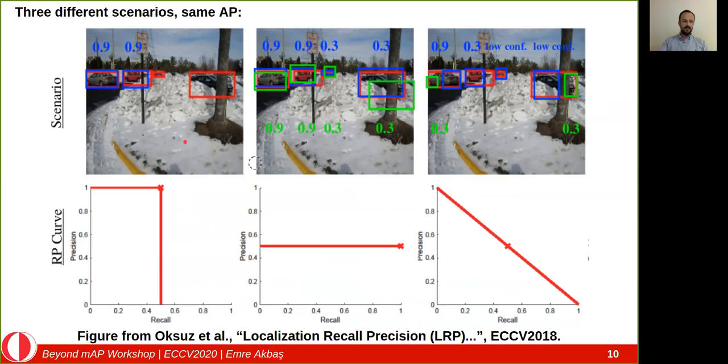In the first example, 2 of the ground truth boxes are recalled successfully, and there are 2 misses, or false negatives. In the second example, all ground truth boxes are recalled successfully. You see blue boxes, which are true positives for each of the ground truth boxes.